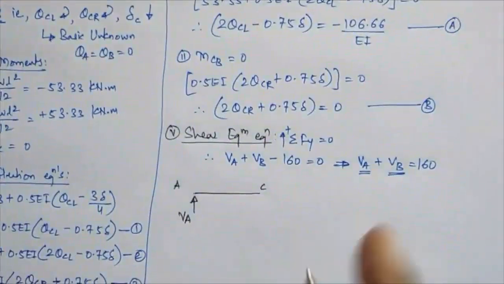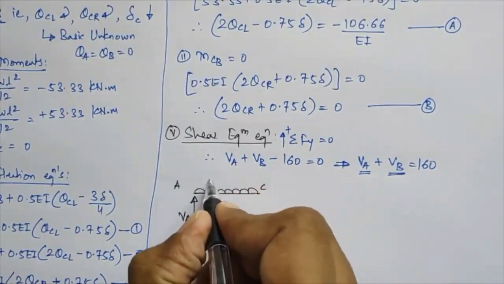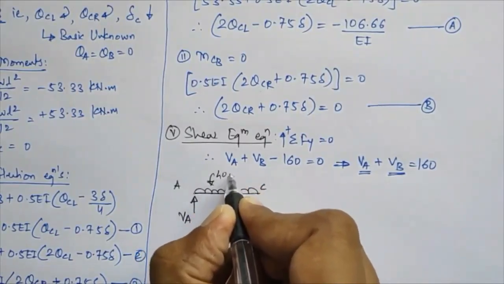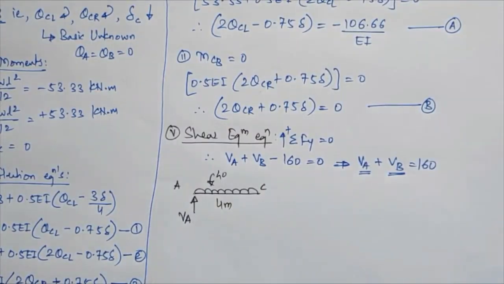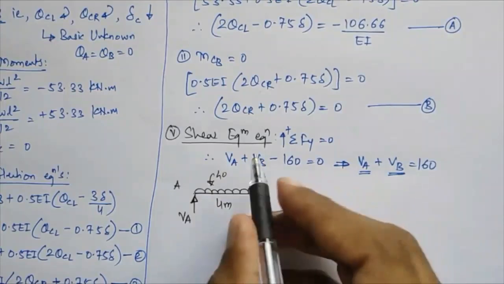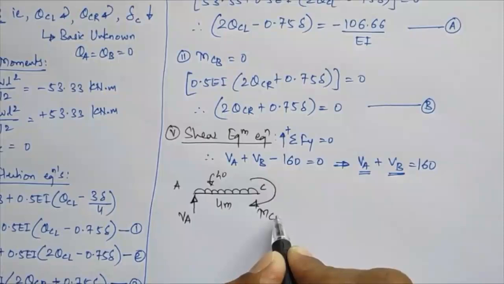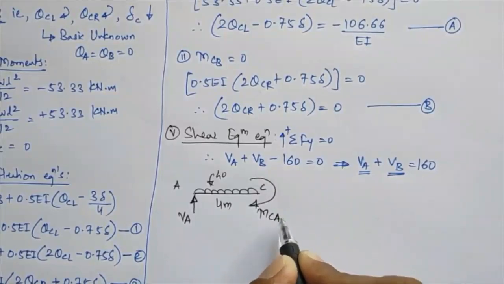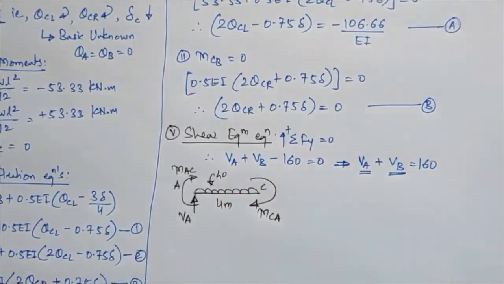Okay. Next, whatever loading is given to you, keep that same as it is. This is your 40. I am not writing the unit over here, you consider that. So this will be your 4 meter. And what you have to do, you have to consider end moments over there. Initially I have told you, you have to consider these signs as clockwise in nature. So this will be your MCA and this will be your MAC.